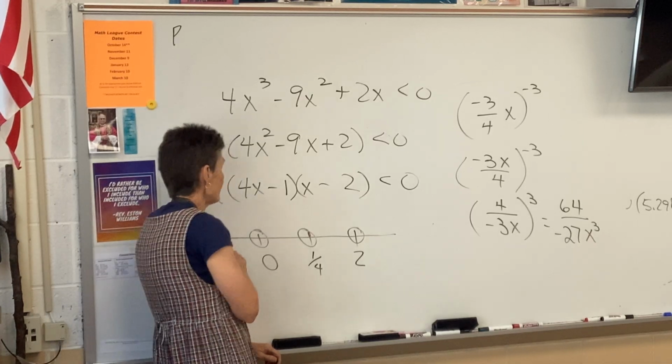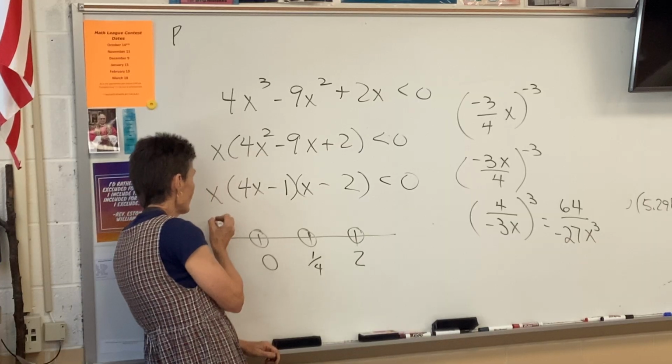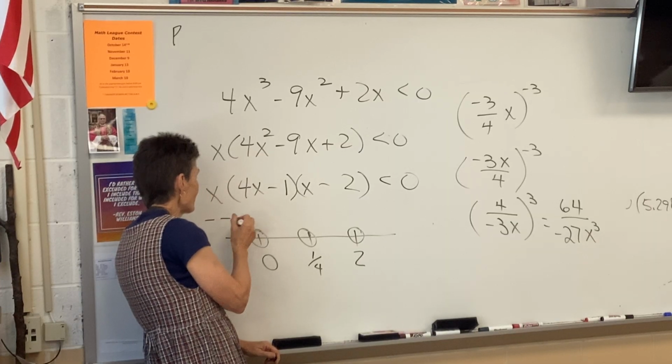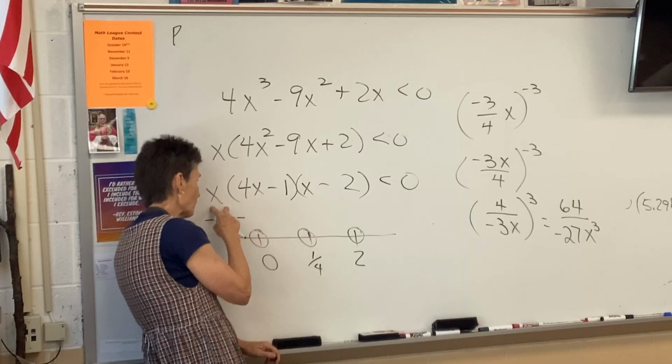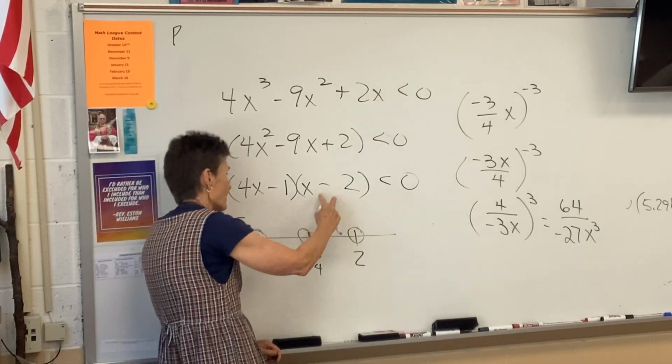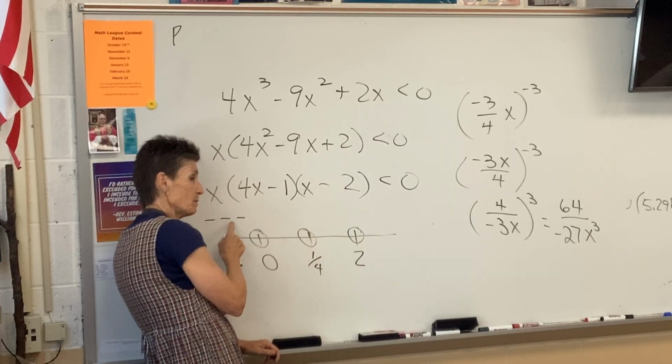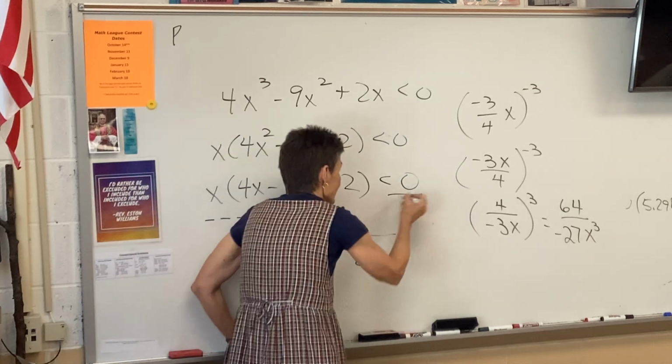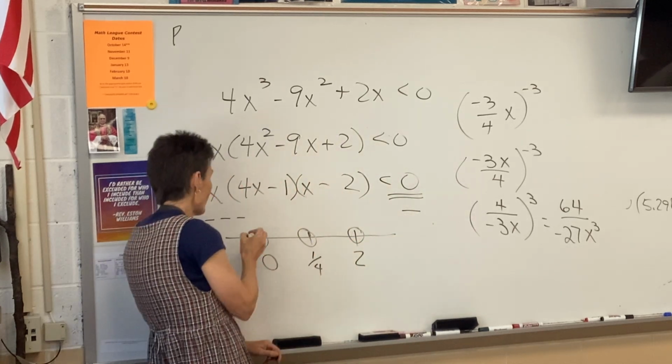Now I'll pick a negative number, and if I pick a negative number, all 3 of my factors will be negative. That will be negative, that will be negative, and that will be negative. So when I multiply them together, I get negative. That's what I want. So I'm going to shade out here.